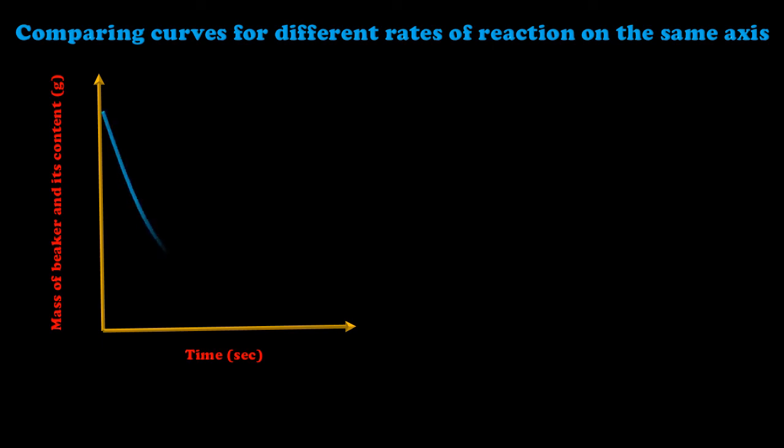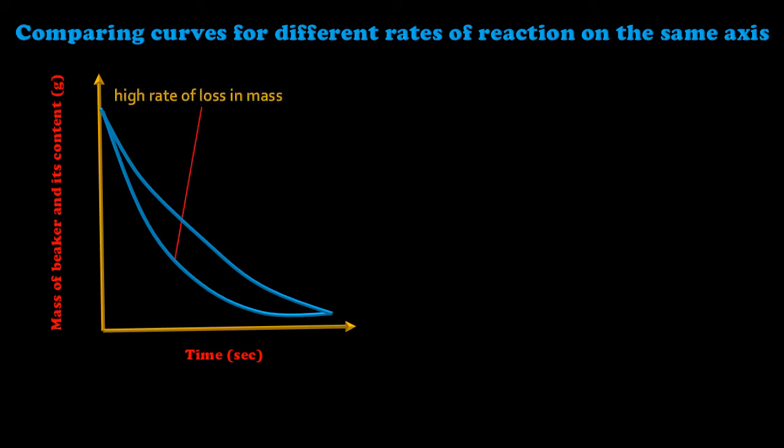We expect that we should have these two curves on the grid, so that the steeper curve should indicate a high rate of loss in mass, whereas the gentler curve should show us a low rate of loss in mass.